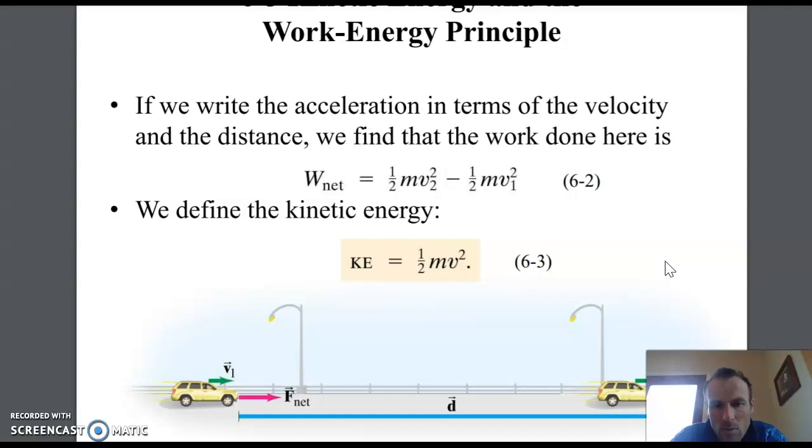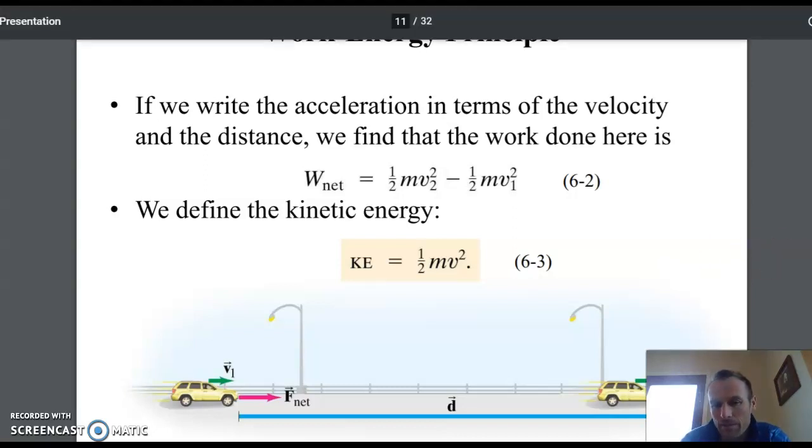So how does this relate to work? Well, basically what we have here is something called net work that is done on an object. So that could be the net force acting on an object. And we know that if a net force is acting, we expect to have an acceleration.